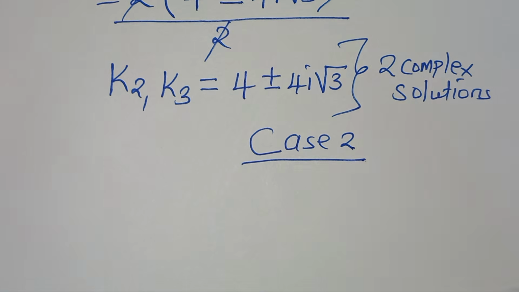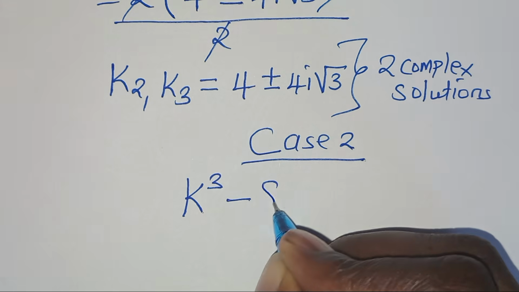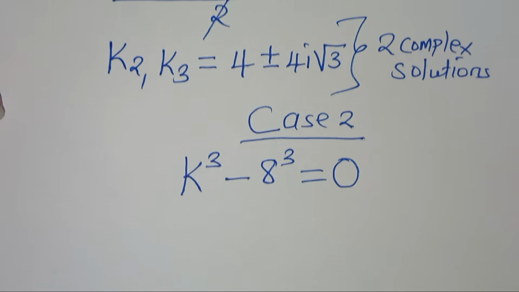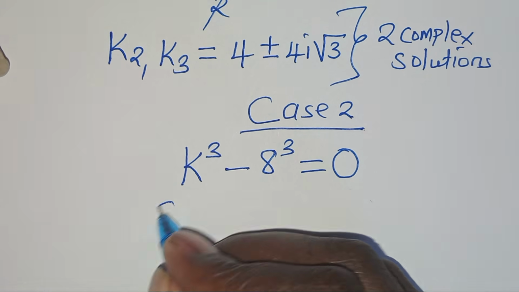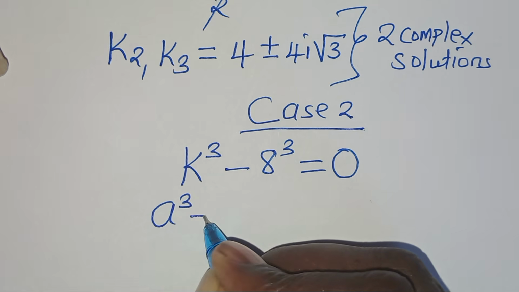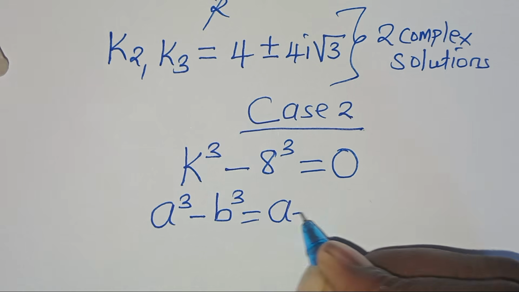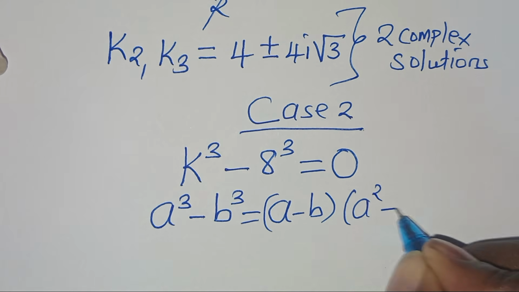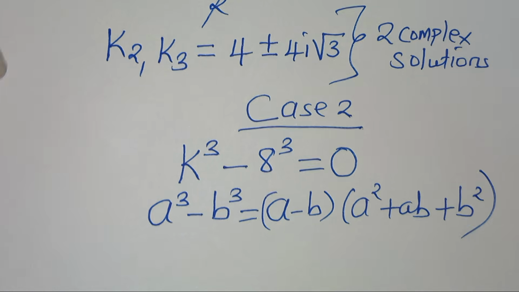In case 2, we have k raised to the power of 3 minus 8 raised to the power of 3, which is equal to 0. So this is the difference of two cubes that we can express as a to the power of 3 minus b to the power of 3, which we can express as a minus b, times a to the power of 2 plus a times b, then plus b to the power of 2.